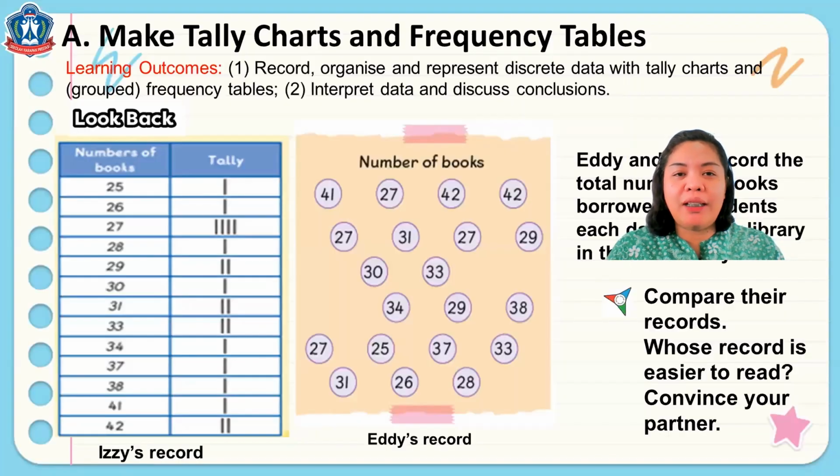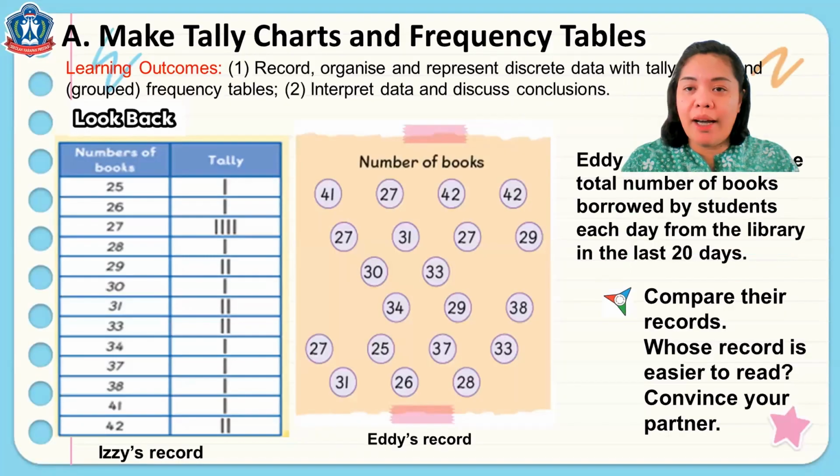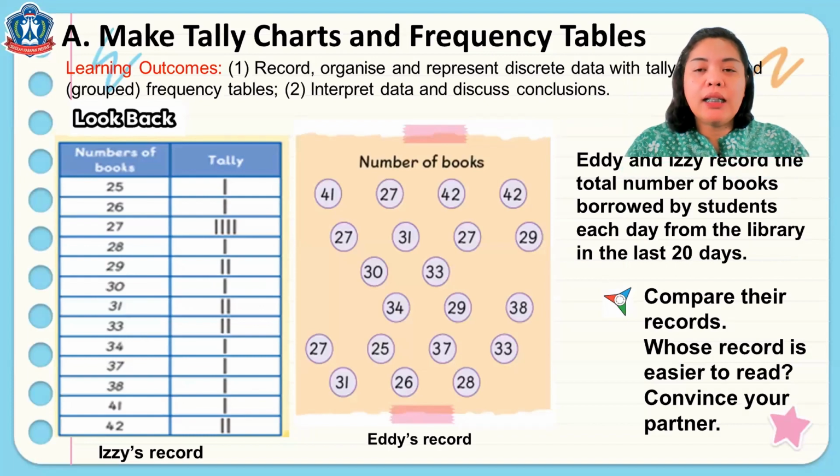Now let's start with lesson A, or lesson 1 of chapter 11. Make tally charts and frequency tables. Okay, look at the data of IZ and Eddie.